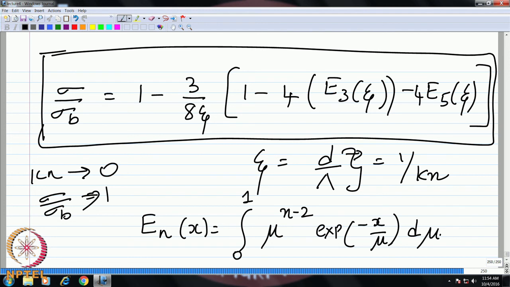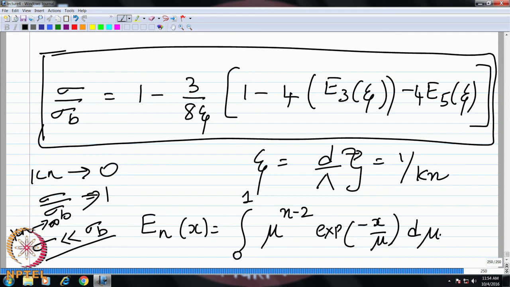Now, when your Knudsen number becomes very large, your sigma will be much smaller than your sigma b. So, this is called the size effect. I hope all of you are able to follow this.